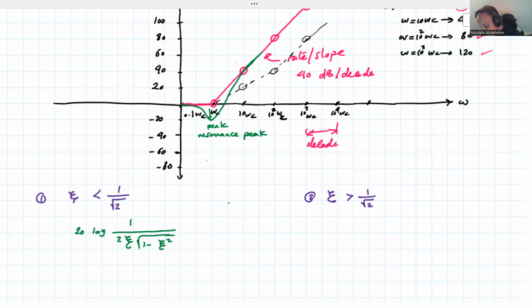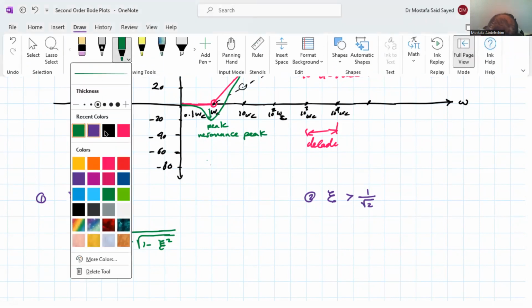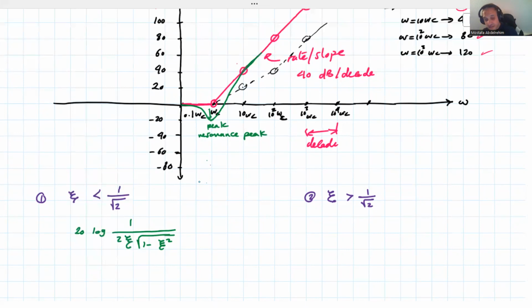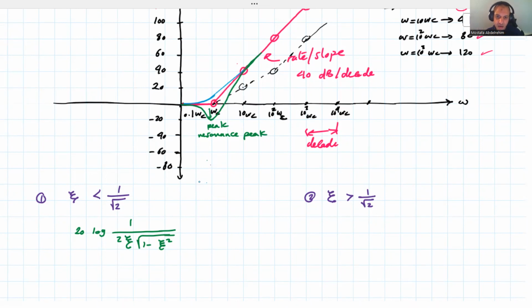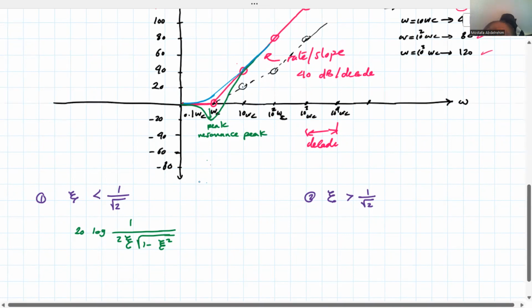What happens now if zeta is higher than 1 over the square root of 2? Let's have another color. In that case, it will be a smooth one. Again, one decade before omega c, we rise, make a small curvature, and then meet up again with the red curve one decade after omega c, and we continue linearly.